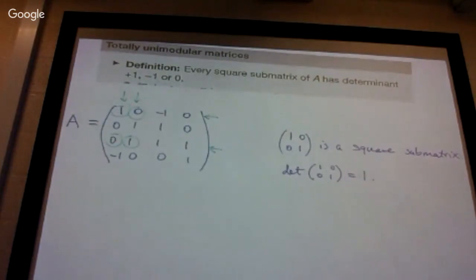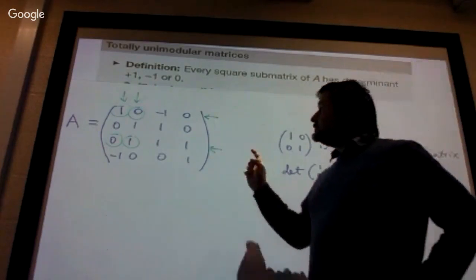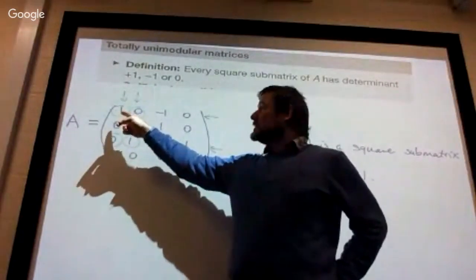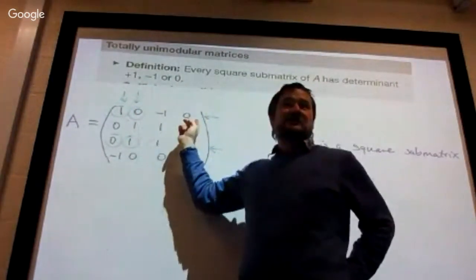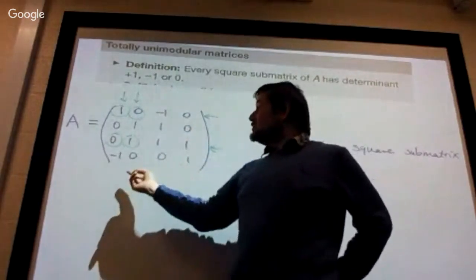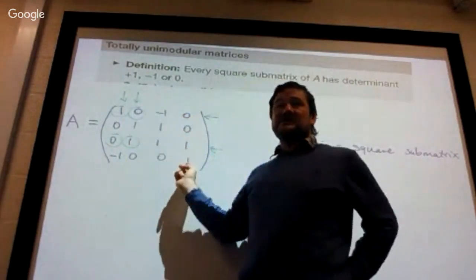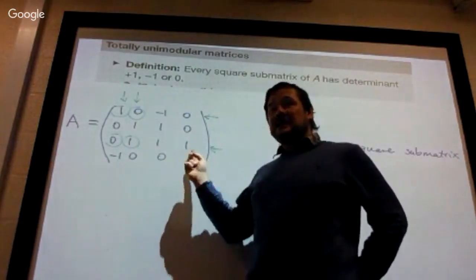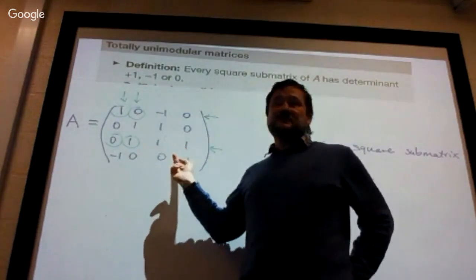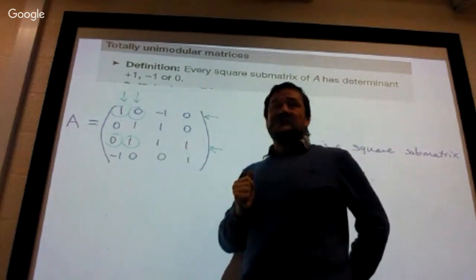So that's good. But if I wanted to test it using the definition, I would have to check every square submatrix. For example, there are square submatrices that are just 1 by 1, so every entry has to be 1, 0, or -1. That's true, you only have 1s, 0s, and -1s as entries in this matrix, so every 1 by 1 square submatrix has determinant 1, 0, or -1. That's good.